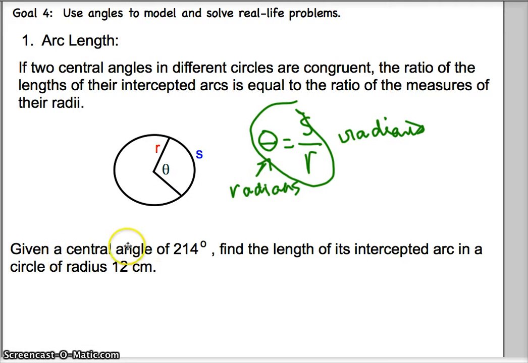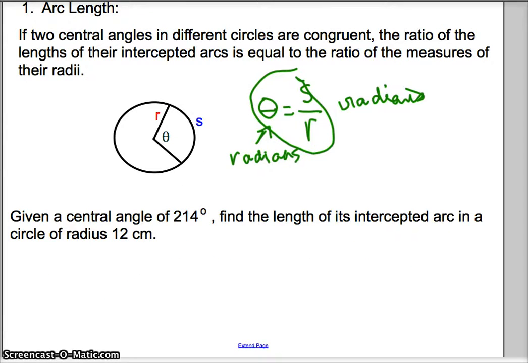It says, given a central angle of 214 degrees, find the length of its intercepted arc in a circle of radius 12 centimeters. All right, I want to draw a picture for you so you can see that. You can draw a picture also if you'd like. Okay, so here we have a circle, and I'll draw an angle of roughly 214 degrees.